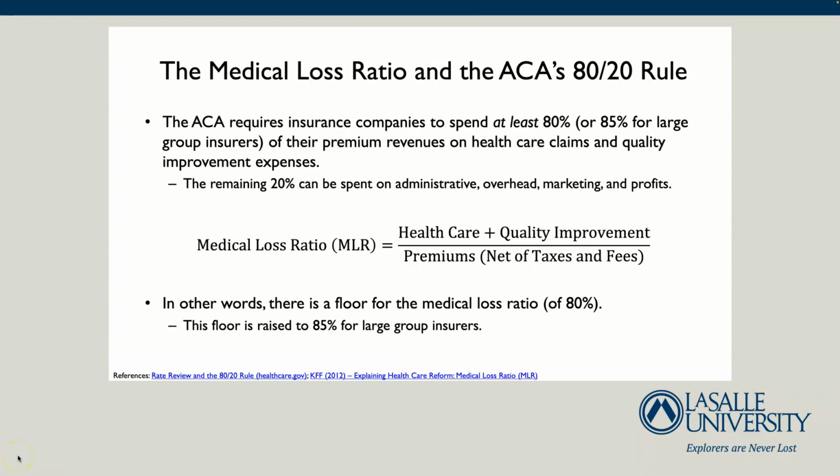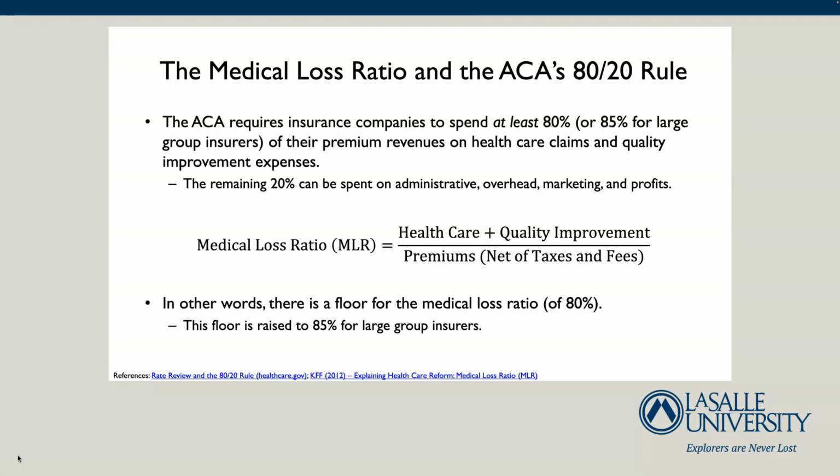So the medical loss ratio for ACA's 80-20 rule stipulates that insurance companies have to spend at least 80%, or 85% for large group insurers, of their premium revenues on healthcare claims and quality improvement expenses, and the remaining 20% can be spent on administrative overhead, marketing, and profits.